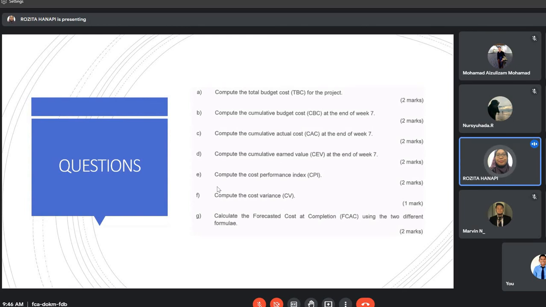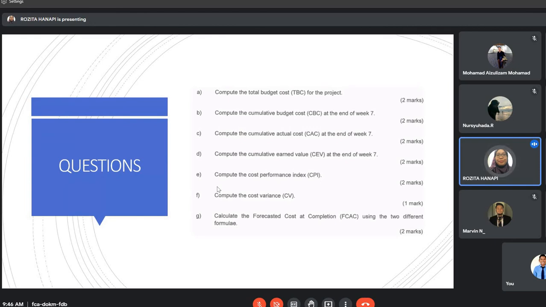So what does it indicate? This indicator shows the gap between the value of the work performed and the actual cost. The calculation indicates that the value of the work performed through week 7 is 87,500 less than the amount actually expended.